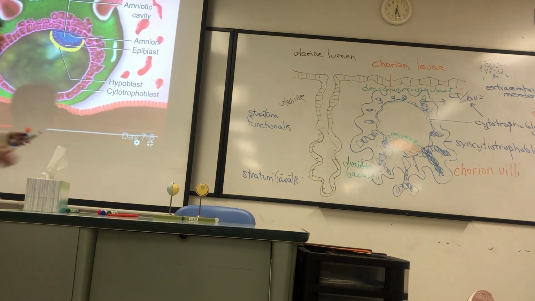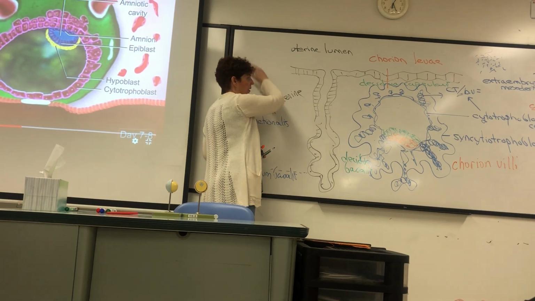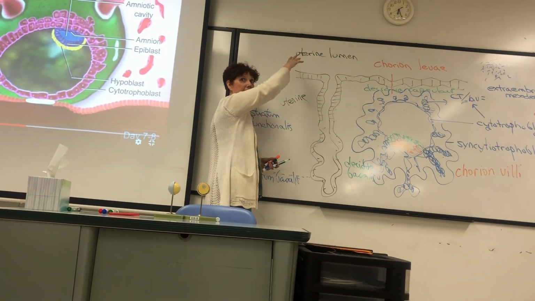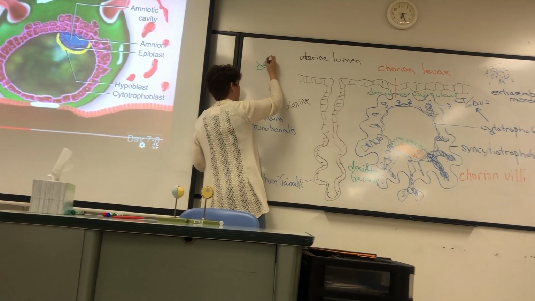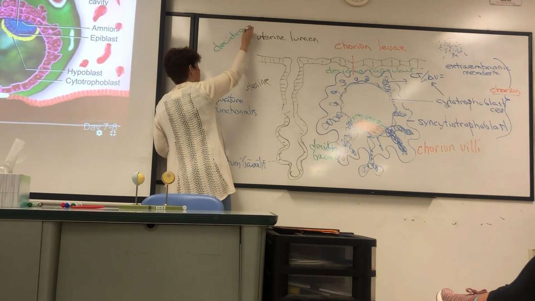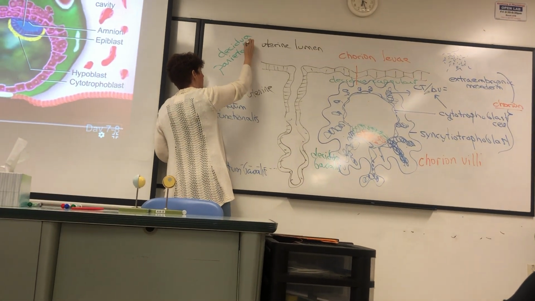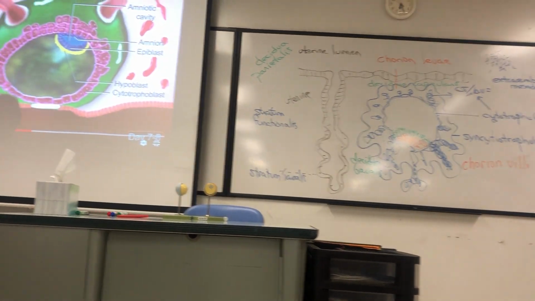Then, all the rest of the stratum functionalis, whether it's on either side of the implanted tissue or on the opposite side of the uterine cavity, is known as decidua parietalis. So I'll show you an image of that.